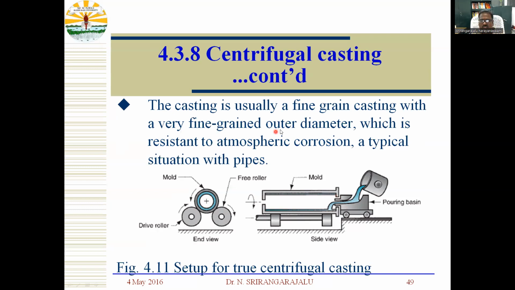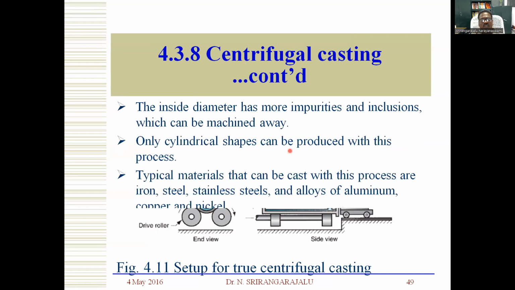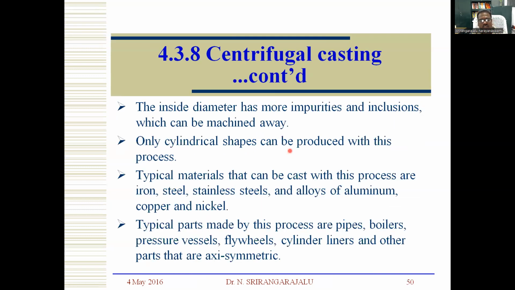This casting is usually a fine grained casting with a very fine grained outer diameter, which is resistant to atmospheric corrosion, a typical situation with pipes. The inside diameter has more impurities and inclusions, which can be machined away. Only cylindrical shapes can be produced with this process.